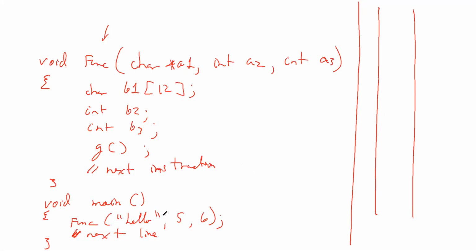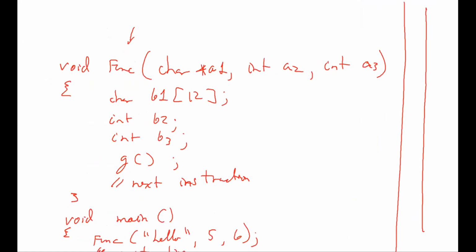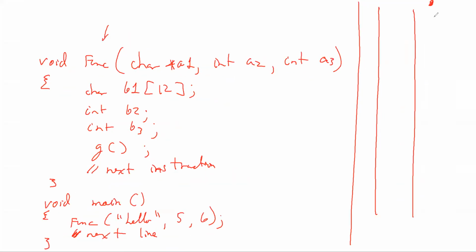That's the first place. So you go into that function and immediately in the stack, remember this is the stack, we're going to create a frame for it. And that just means that I'm going to allocate some space in the stack for function, because I'm currently executing that one.